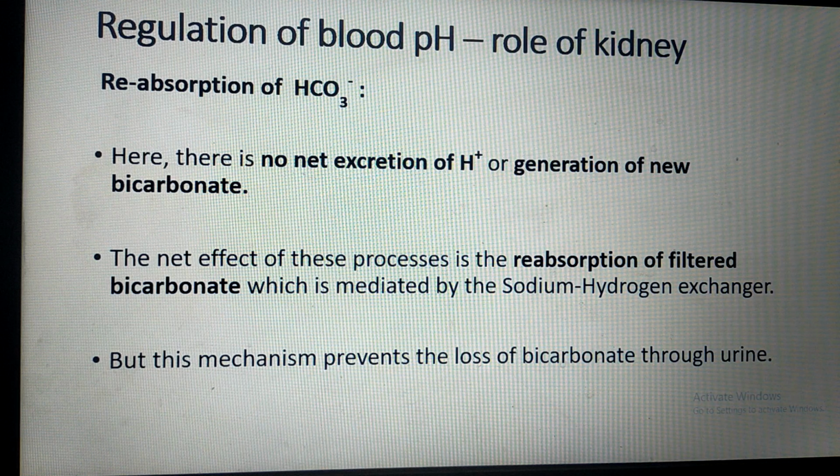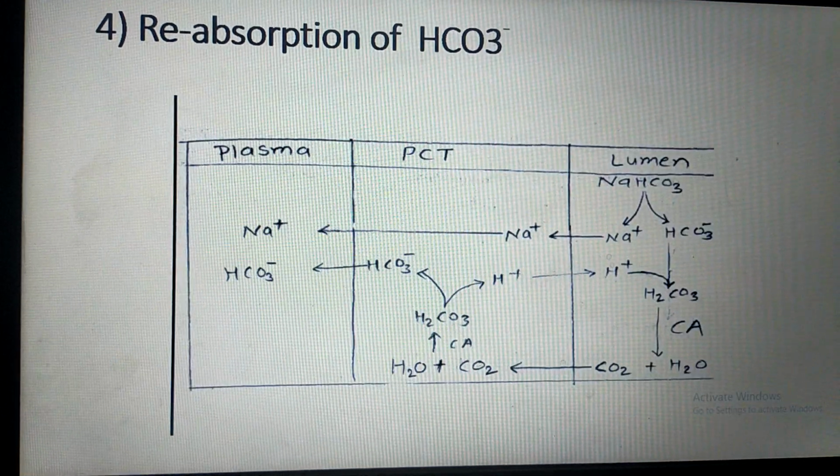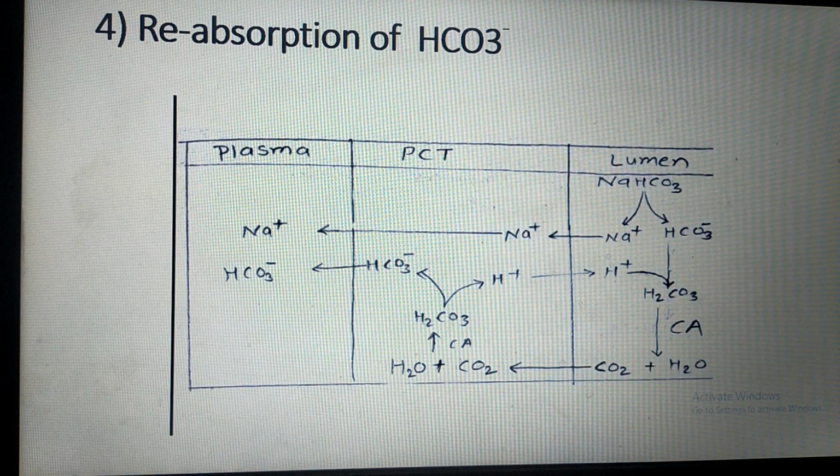The net effect of this process is reabsorption of filtered bicarbonate, which is mediated through the sodium hydrogen exchanger. Sodium hydrogen exchanger means here the sodium is entering into the PCT from the lumen and hydrogen ions are entering from PCT to lumen. That is called the sodium hydrogen exchanger.